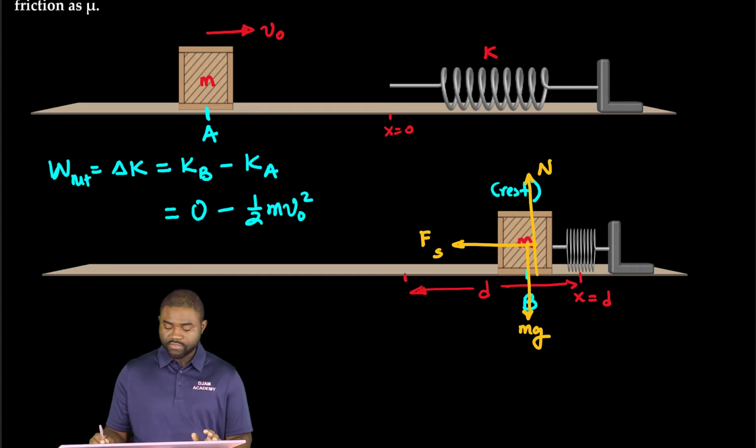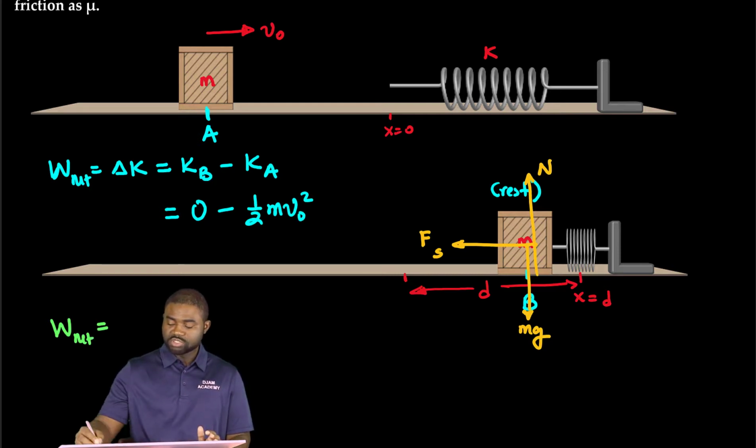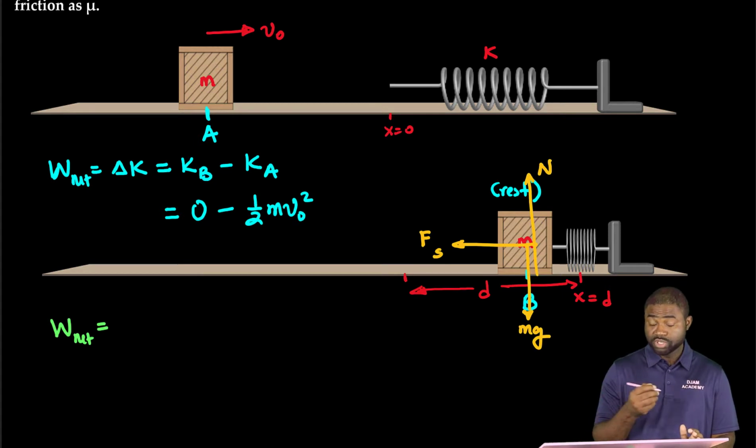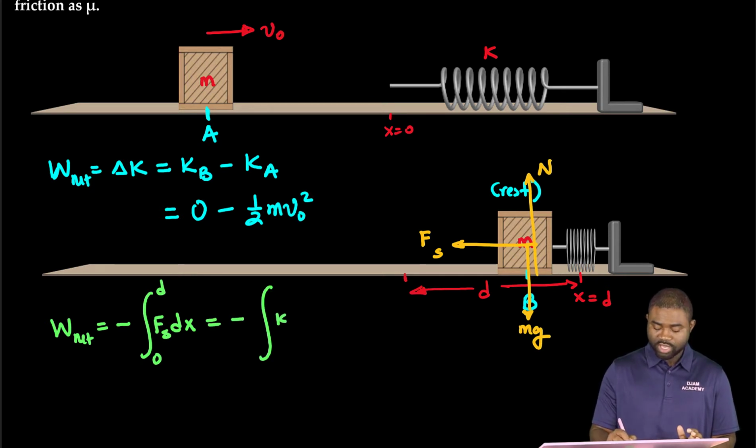Now, that being said, we can calculate the net work done on the object. Remember that the displacement is to the right, but the spring force is to the left. So the net work done on the object will be negative. This will be negative the integral of Fs dx, integrating from 0 to d, which is equal to negative the integral of kx dx from 0 to d.